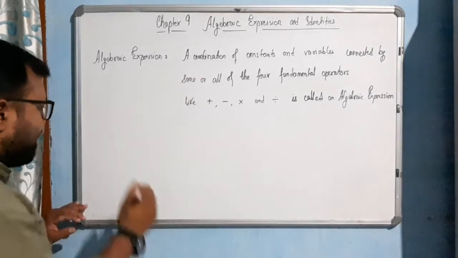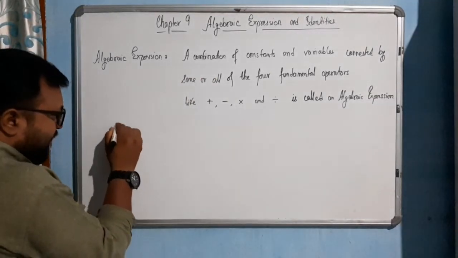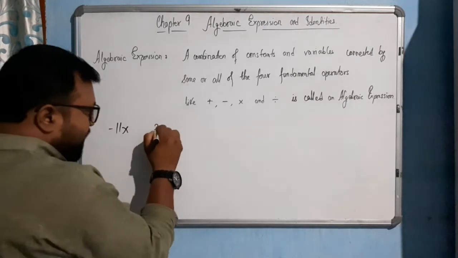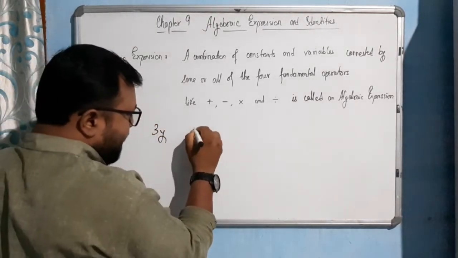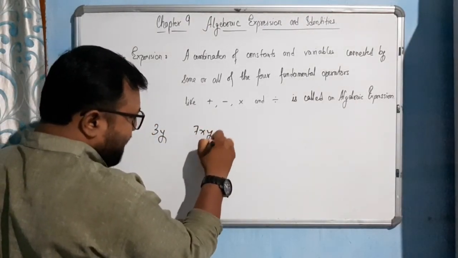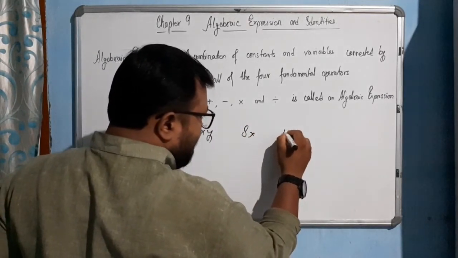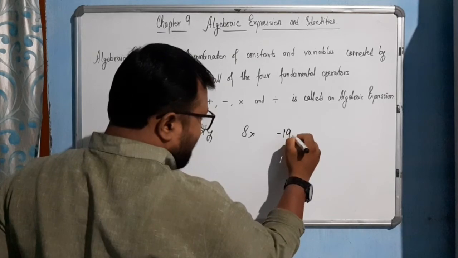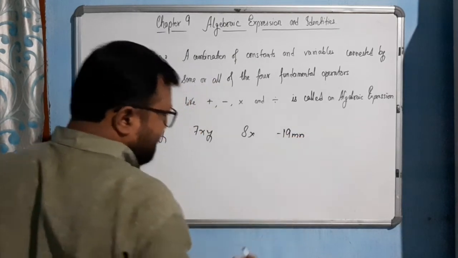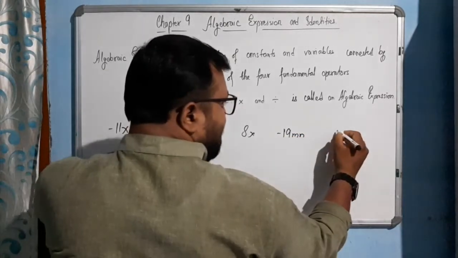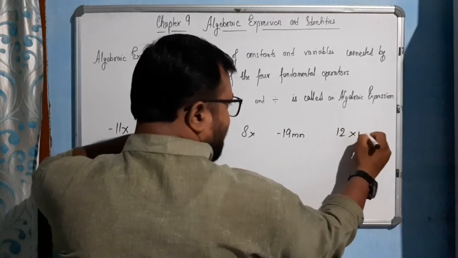Now, what are like terms and unlike terms? For example, minus 11x, 3y, 7xy, 8x, minus 19mn, or 12xy.